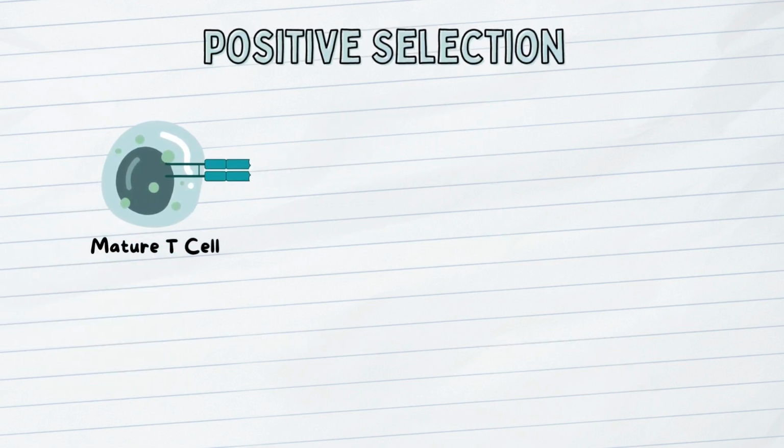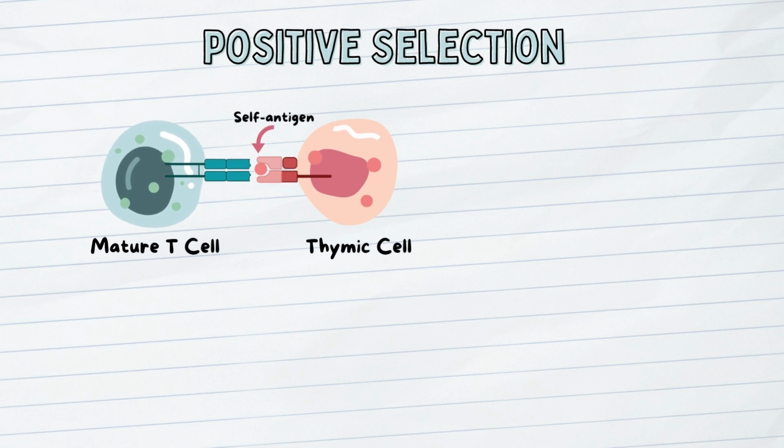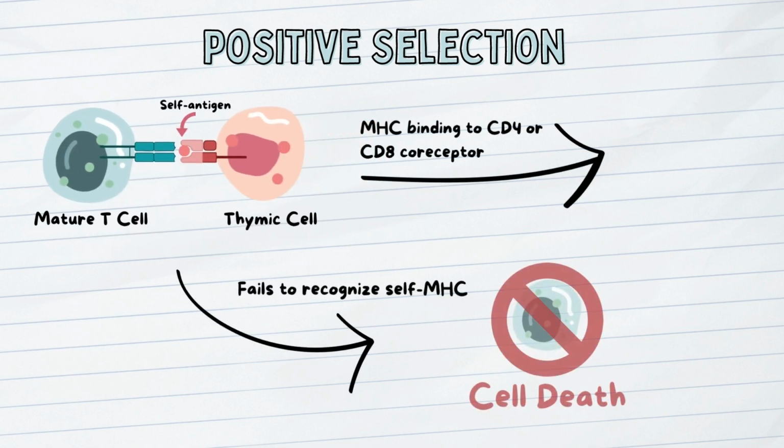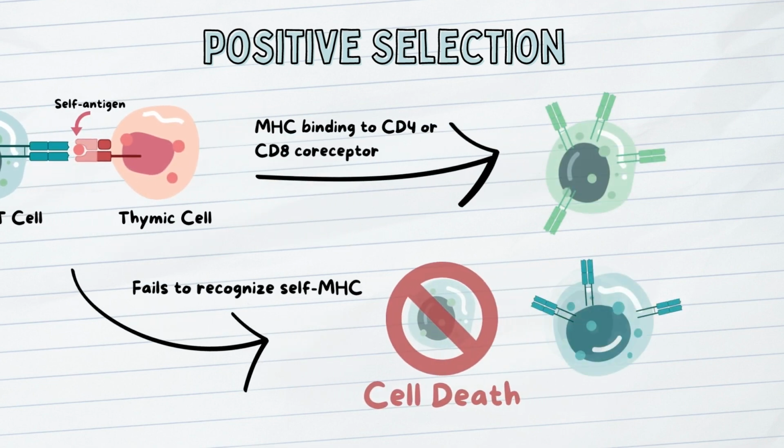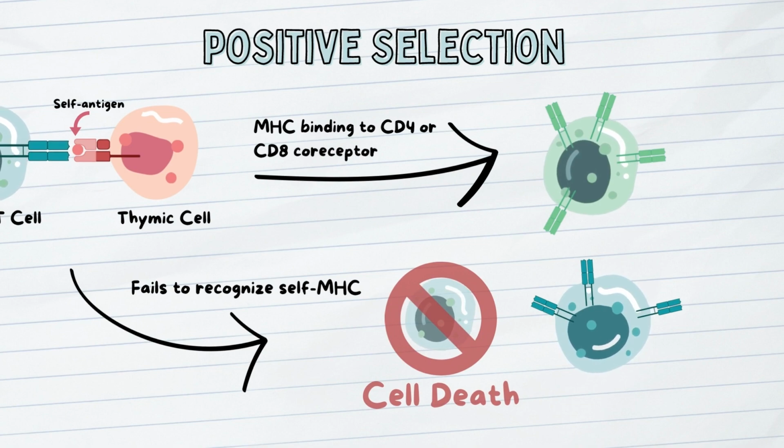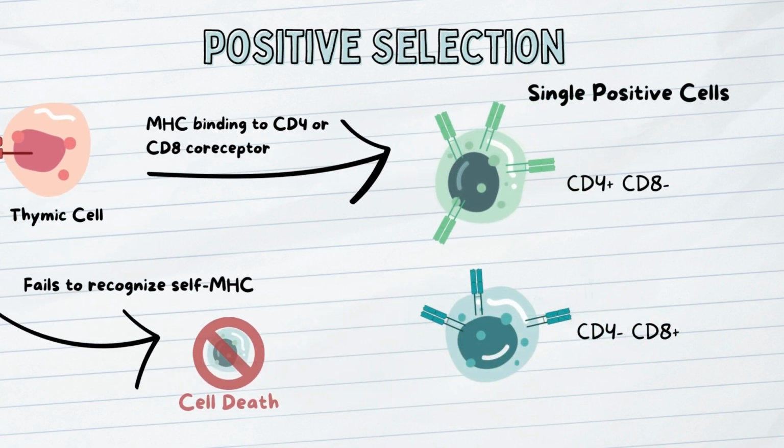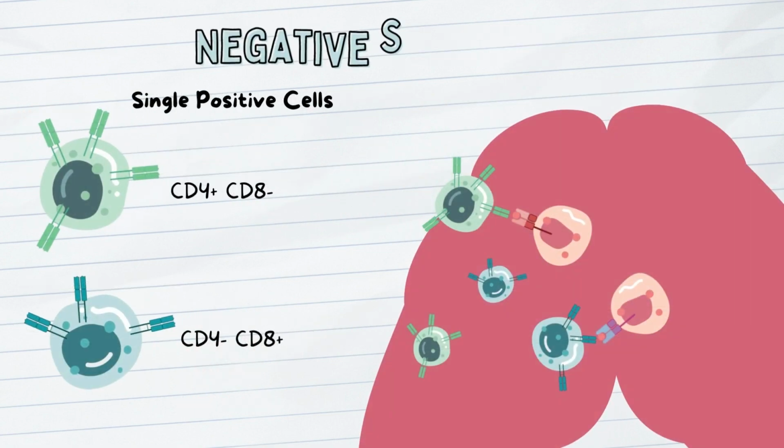It focuses on the positive and negative selection during T cell development, where in order to make sure that these T cells are capable of recognizing our own cells' MHC molecules, thymic cells present self-peptides on their MHC molecules, which conduct survival signals to the T cells by binding at their CD4 or CD8 co-receptors. This process is called positive selection, during which double positive cells become either CD4 or CD8 single positive cells.